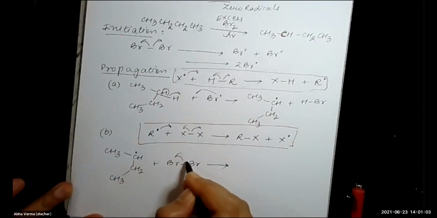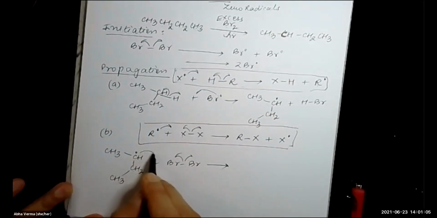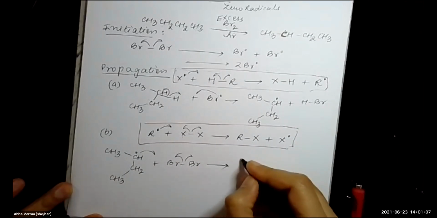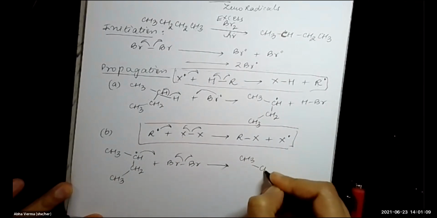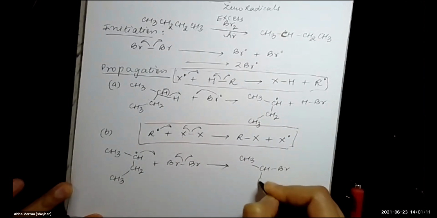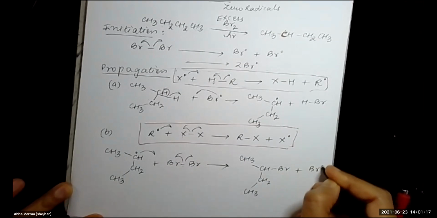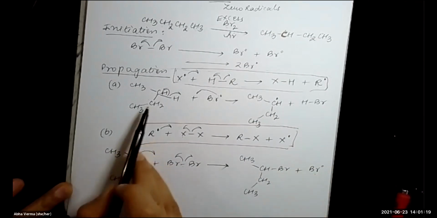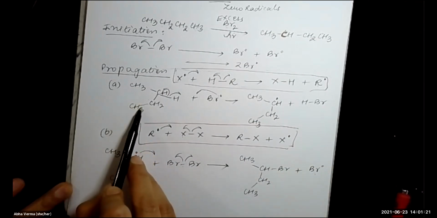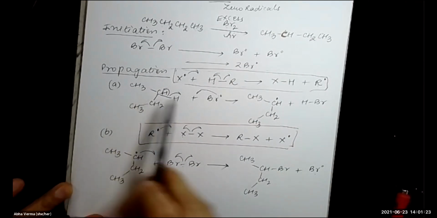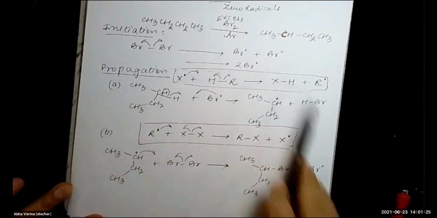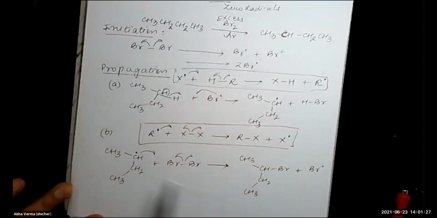So splitting, going towards here, CH3, CHBr, CH2, CH3, plus what? Another bromide. What would this bromide do? It will go and attack another molecule of butane, and the propagation step will keep repeating here.